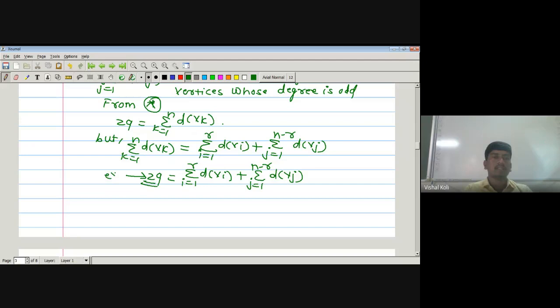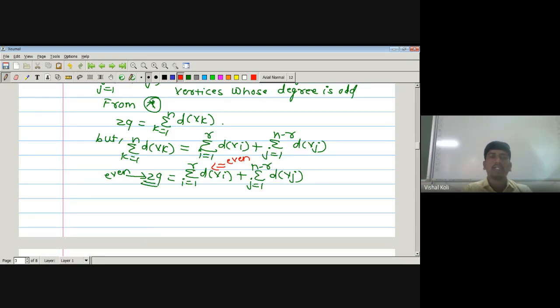Now summation i running from 1 to r of d of vi is the sum of degrees of those r vertices whose degree is even, and if we add even numbers any number of times, the addition must be even. Therefore this will always be even.